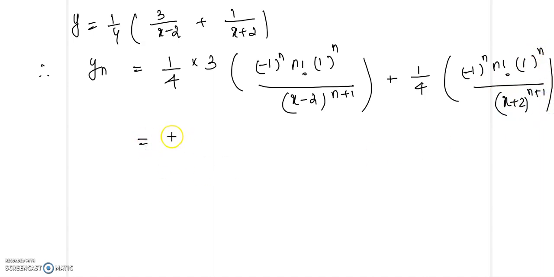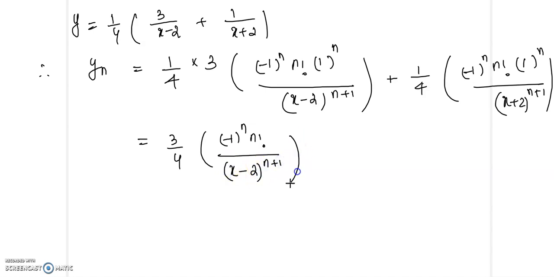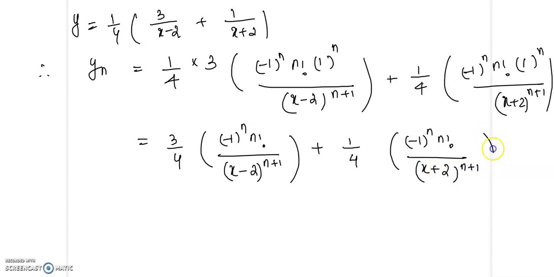So that is 3 by 4 into minus 1 whole raised to n into n factorial by x minus 2 whole raised to n plus 1, plus 1 by 4 into minus 1 whole raised to n factorial by x plus 2 whole raised to n plus 1. So that is the required nth derivative of the given function.